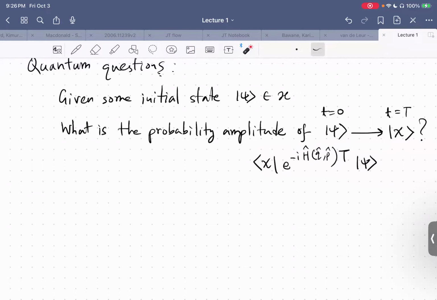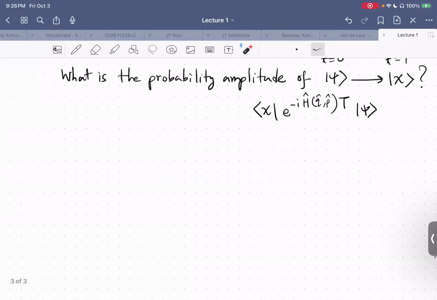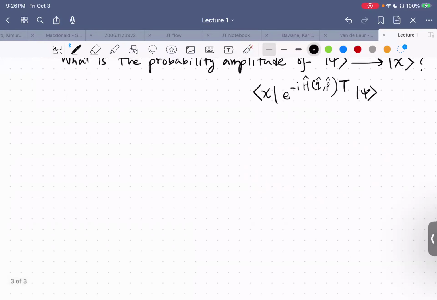Now let me discuss how we want to compute these things using path integrals. These things are called transition amplitudes.